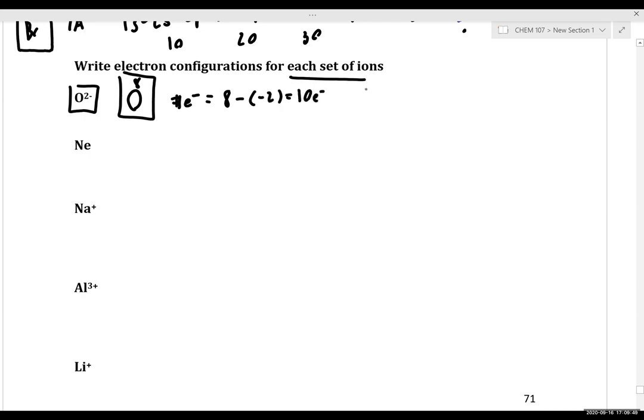So if we find our closest preceding noble gas, that would be helium. And then we fill in our orbitals from the lowest to the highest energy. As we notice, the configuration for O2 minus matches that of the noble gas neon, which is helium 2s2 2p6.